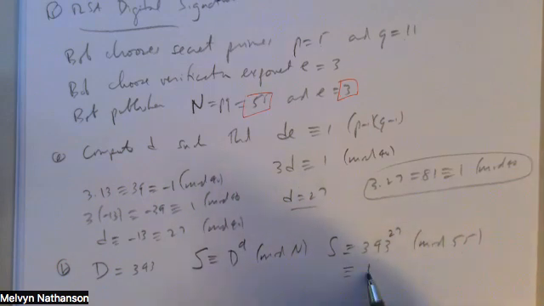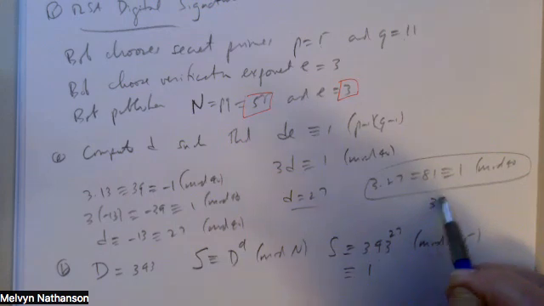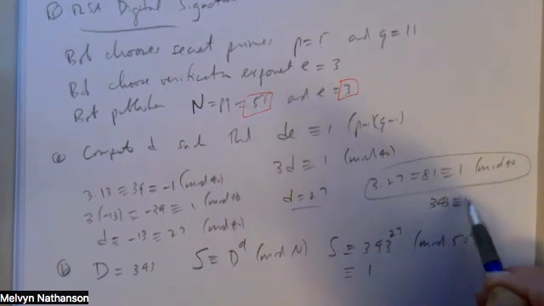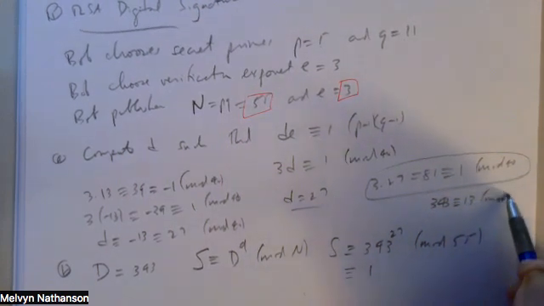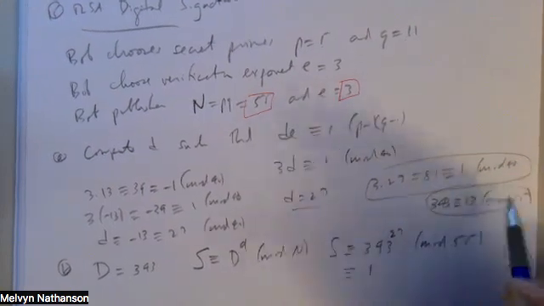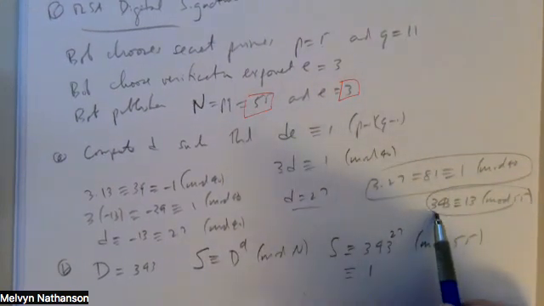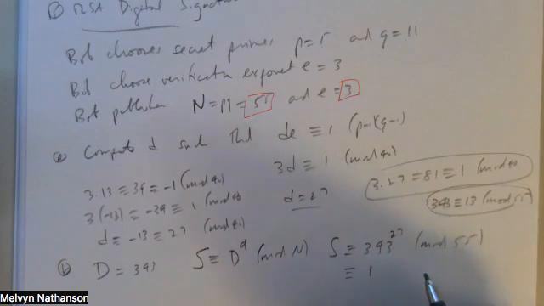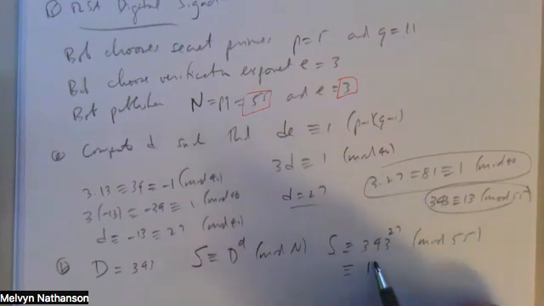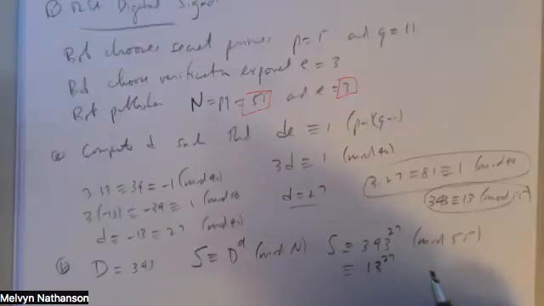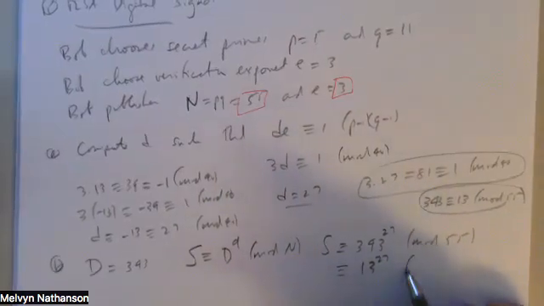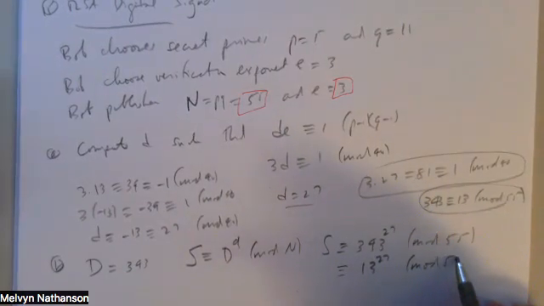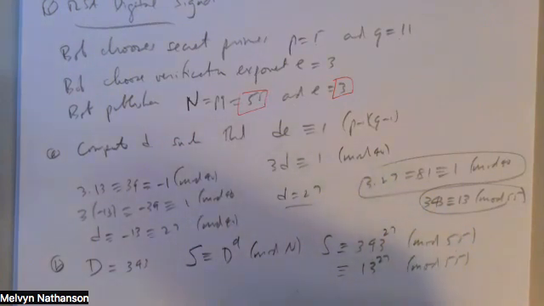I think 343 is congruent to 13 mod 55, because 330 is 6 times 55. So this is the same as 13 to the 27th power mod 55.